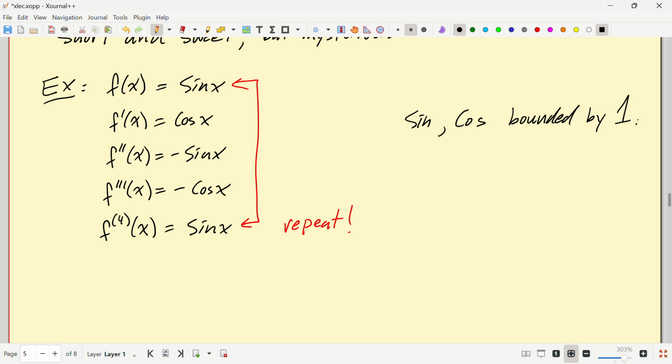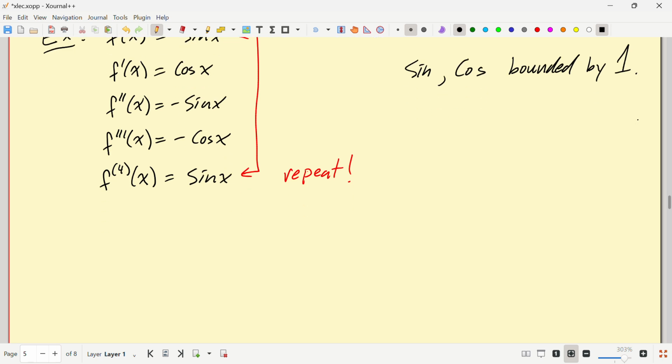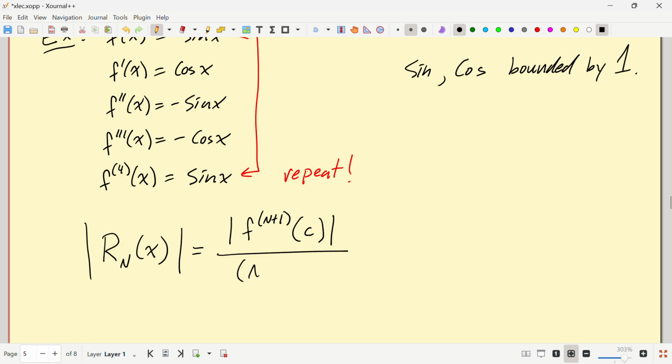And so when I do the Taylor's theorem with remainder, no matter what x I'm doing, I would get that the remainder term, r sub n of x, would be the n plus first derivative at c divided by n plus 1 factorial times x minus x naught to the n plus 1.